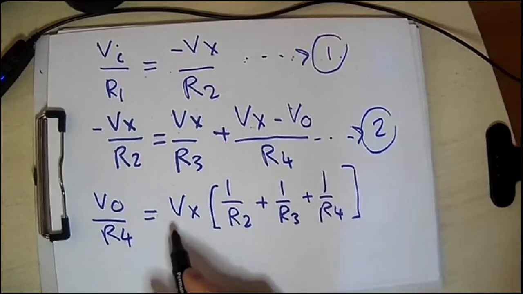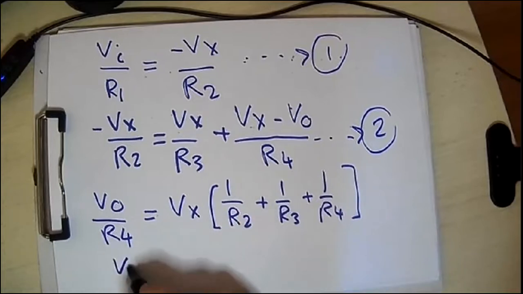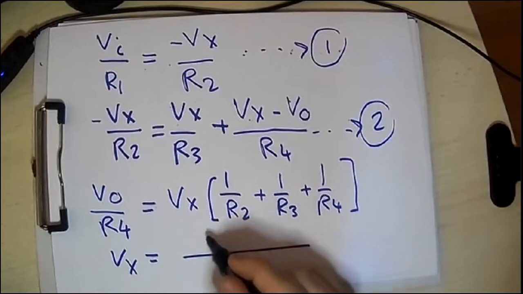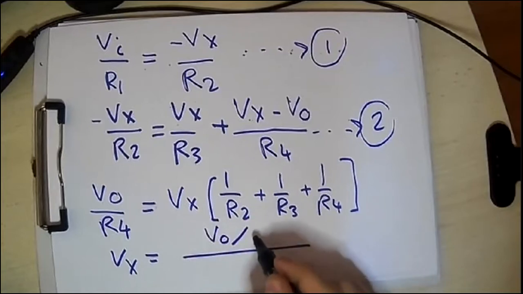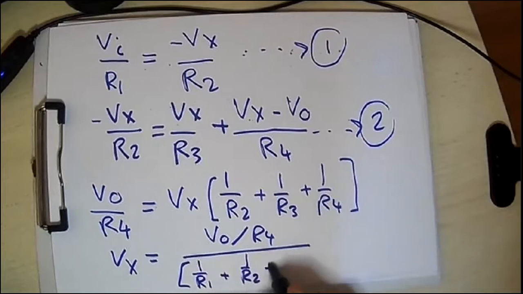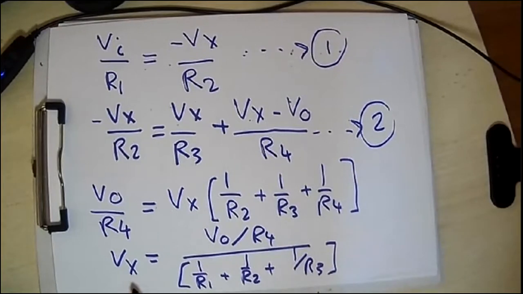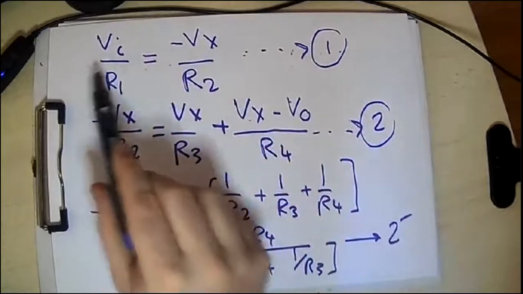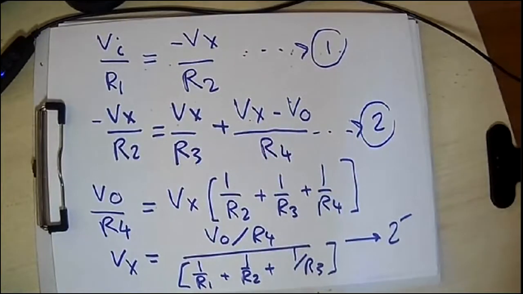And then that means that Vx is equal to V output over R4 over all these terms, 1 over R2 plus 1 over R3 plus 1 over R4. Now, from this equation, which let me call 2 dash, you can substitute back here, and then you will get a direct relation between the V input and the V output. Let's see.